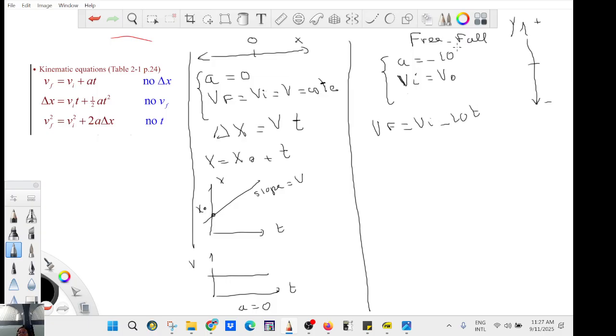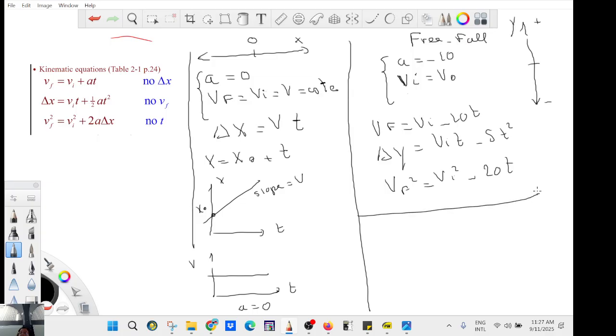So that will be for free fall, constant acceleration, always -10. And then we have the equation delta y equals v initial t minus 5t squared. And then we have the equation v final squared equals v initial squared minus 20 delta y.